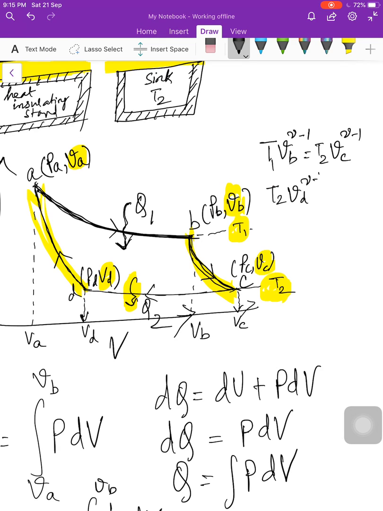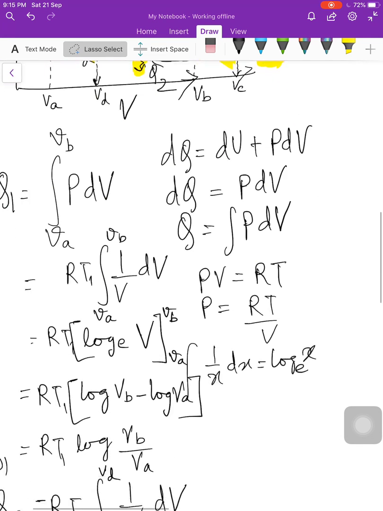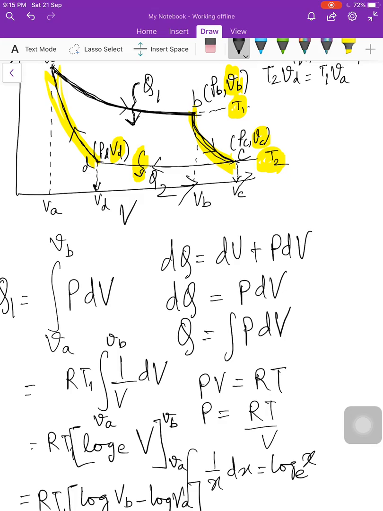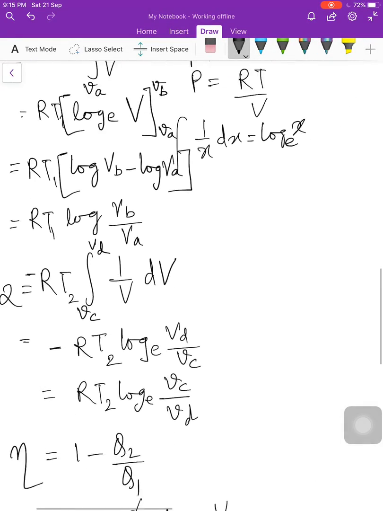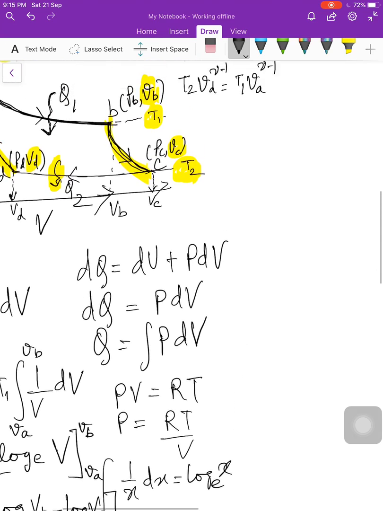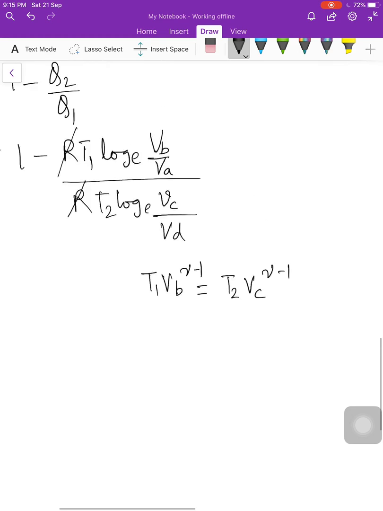Anyways, let's remember it. T1 VB^(gamma minus 1) is equal to T2 VC^(gamma minus 1).